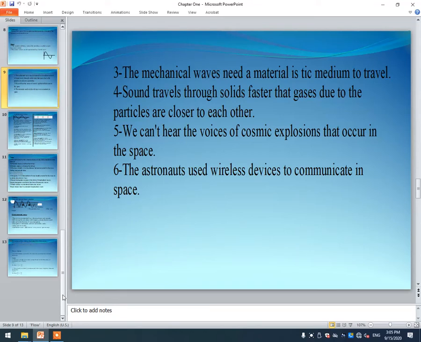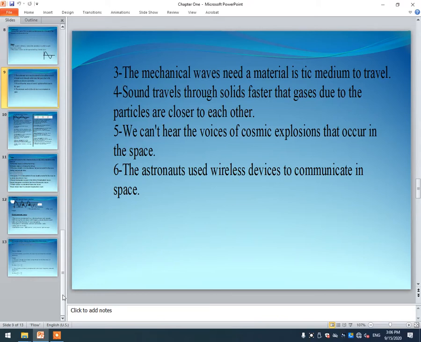And in the same way, in the solid, the intermolecular spaces between the molecules are very tiny. So the spreading of the energy of sound through the molecules of the solid will be a piece of cake. It will be very easy. So the sound will spread with a huge velocity. So the relation between the velocity of the spreading of the wave and the intermolecular spaces between the molecules of the medium is inversely proportional.